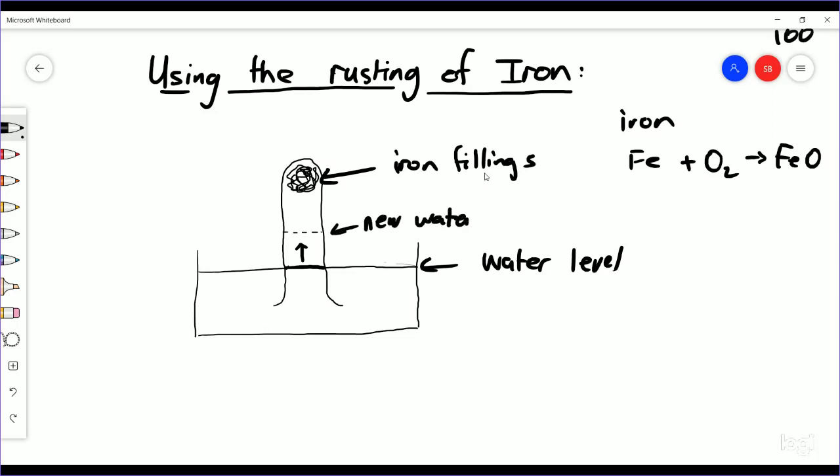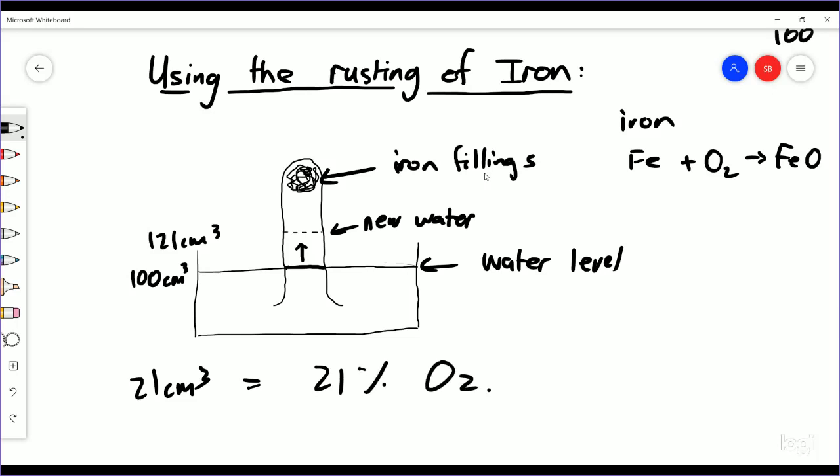This is another experiment to show it. If I got a reading for the water level, say the reading was 100 centimeters cubed, and now the new reading is 121 centimeters cubed, we would know that it's used up 21 centimeters cubed of the oxygen in that air, and we would be able to work this out as 21% oxygen.